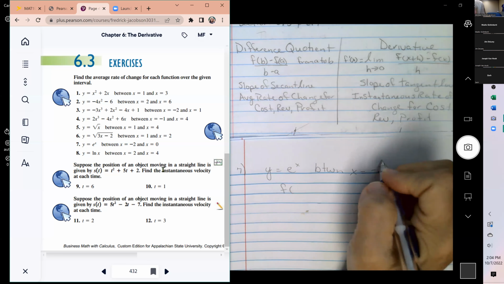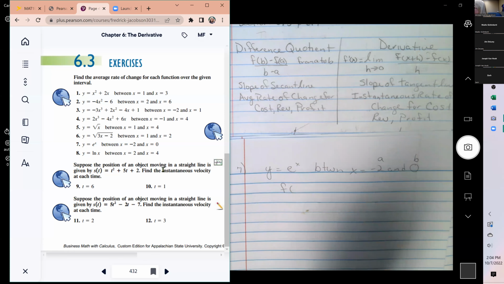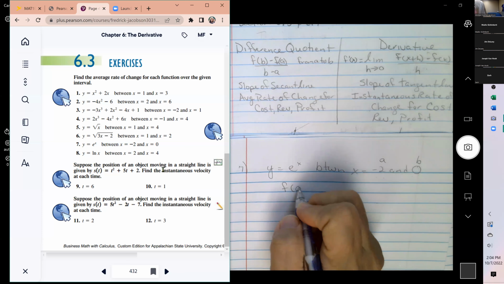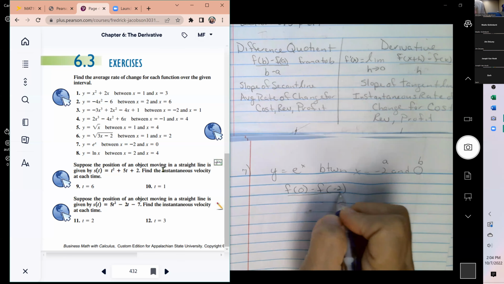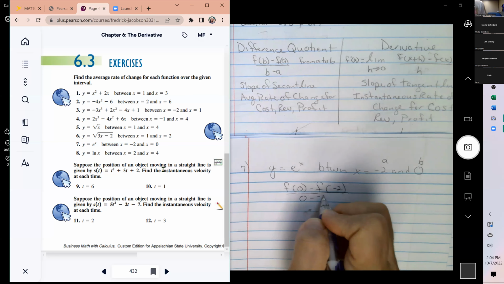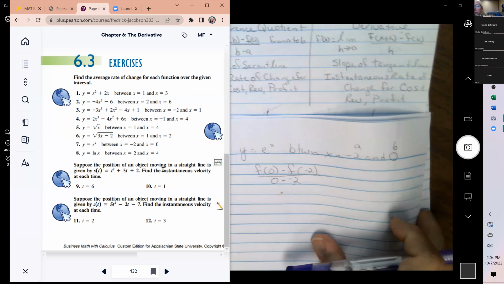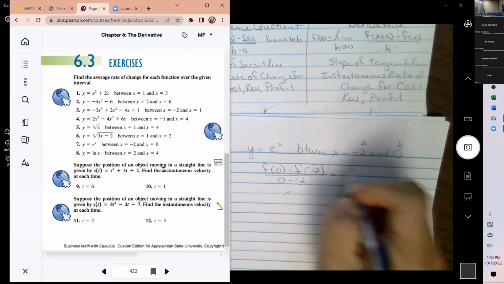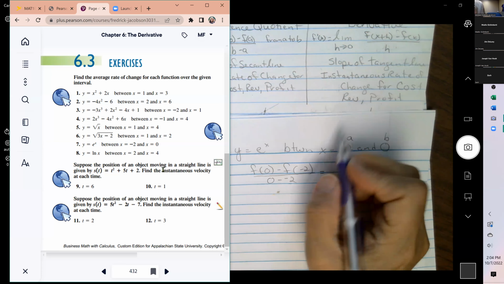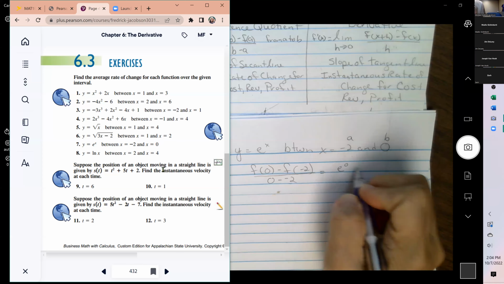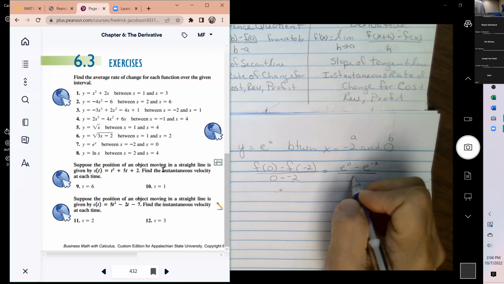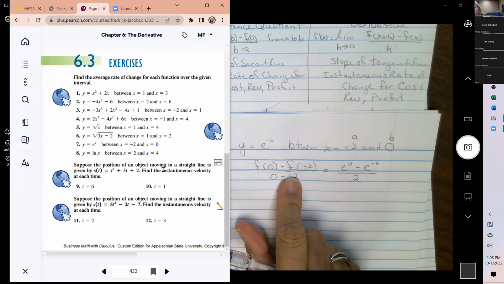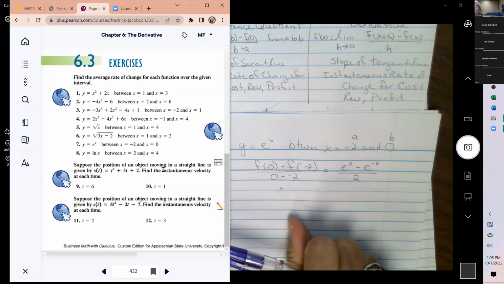This is your A and this is B. So you could do f of 0 minus f of -2 over 0 minus -2. This would be e to the 0 minus e to the -2 over 2, because a negative and a negative makes that a +2. 0 plus 2 is 2.